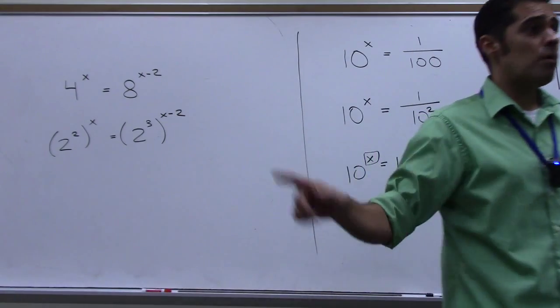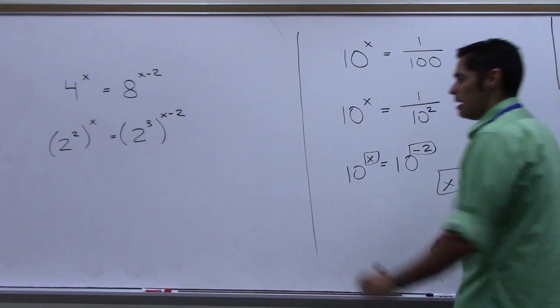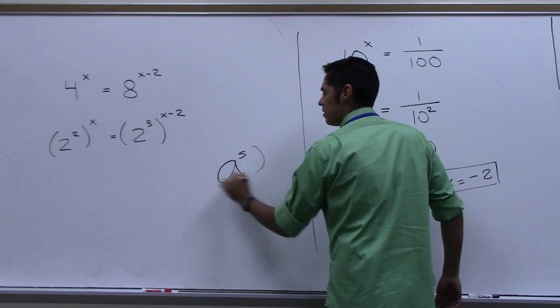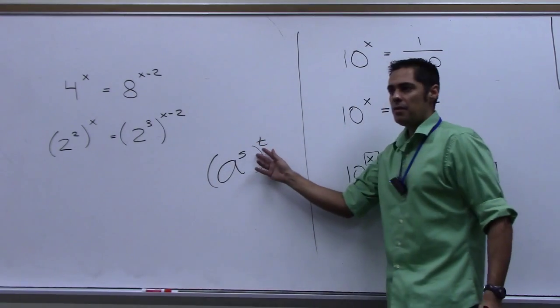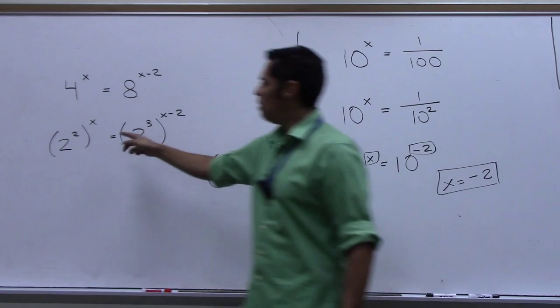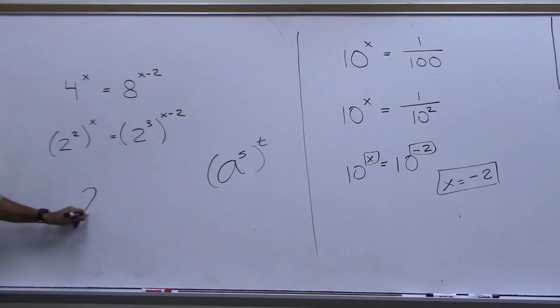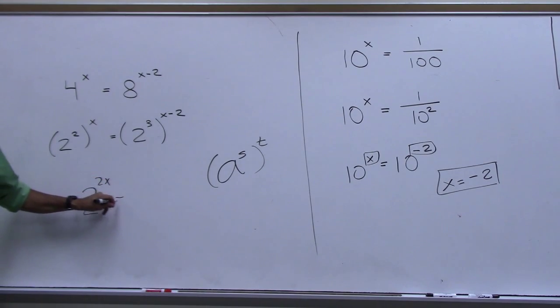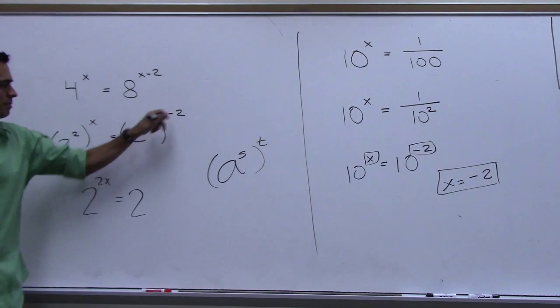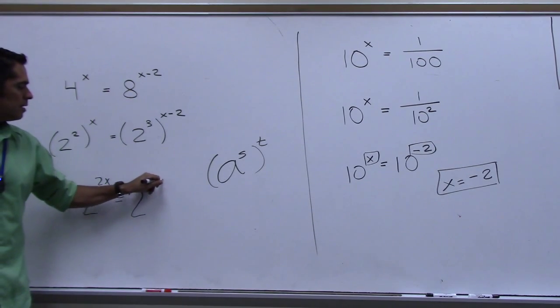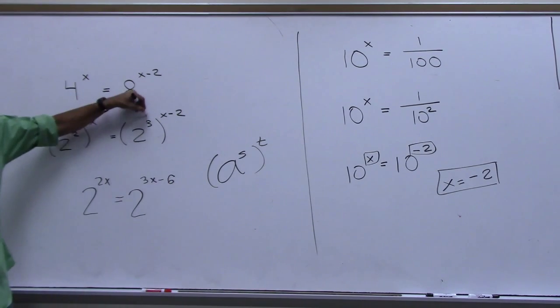Now we use the laws of exponents: a to the s to the t, we multiply these two. 2 times x is 2x. So this is 2 to the 2x, which must equal 2 to the 3 times that, which is 3x minus 6, if I multiply 3 here and 3 there.